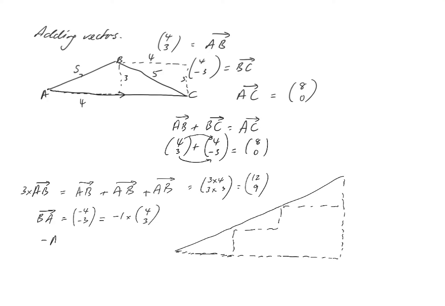So negative AB equals BA. All right. So if you times a vector by a negative, essentially you go along the vector, but the other direction. So if we look at this original vector up here, AB would be that. Negative AB would be going the other direction from B to A. Okay. So this is multiplication of a scalar.